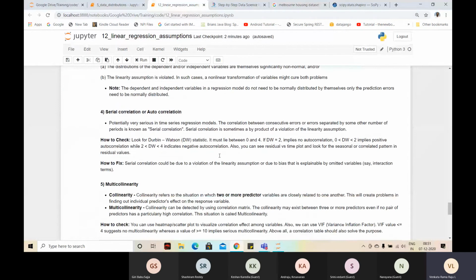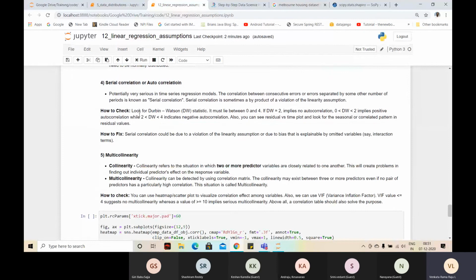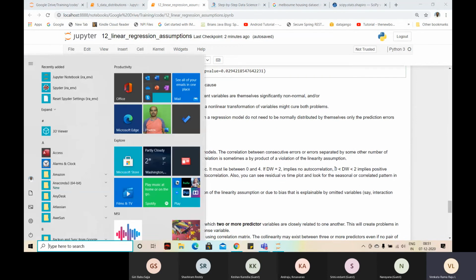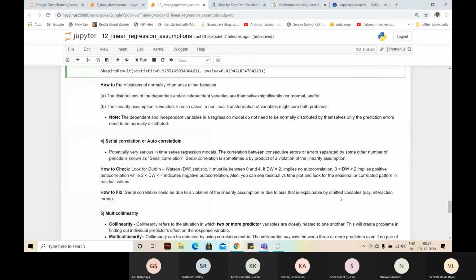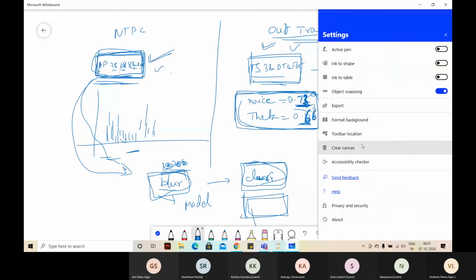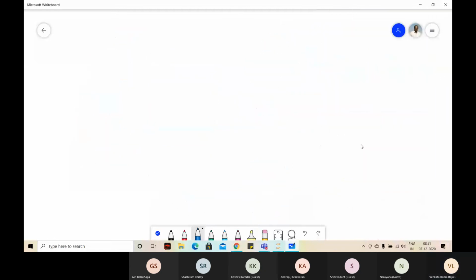Serial correlation. Data may have serial correlation. What is serial correlation? Generally I take a stock market price example.